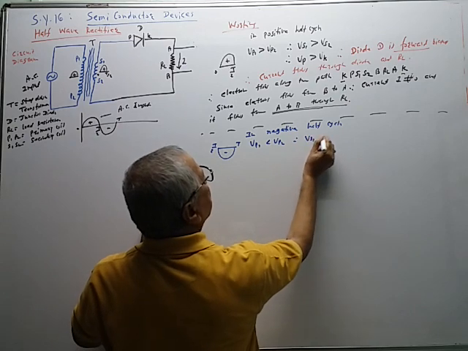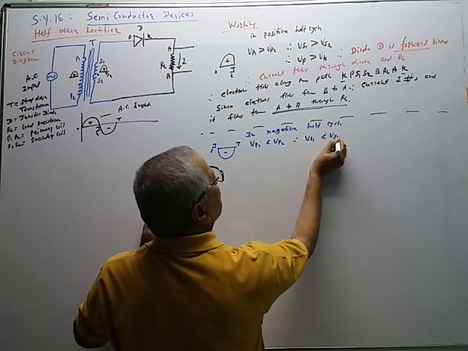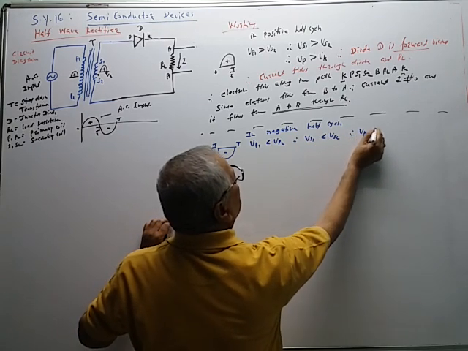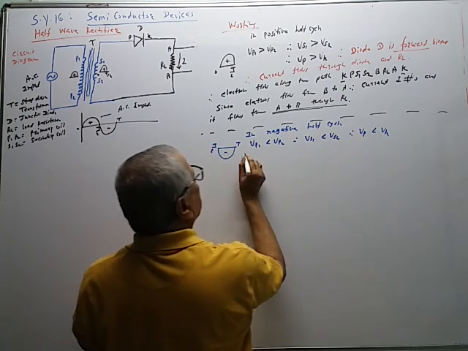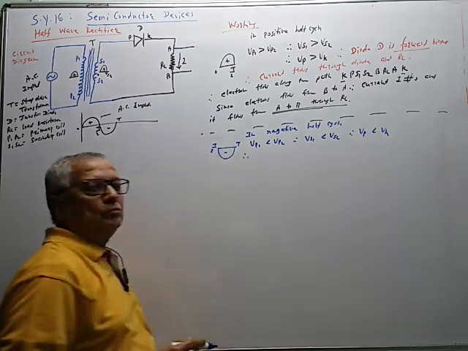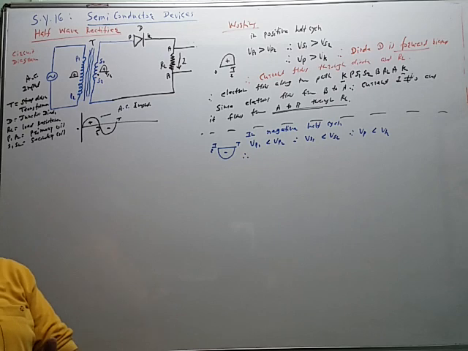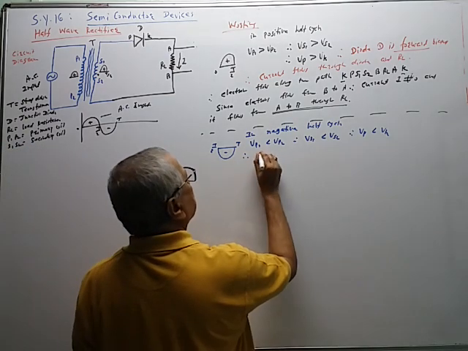Therefore VS1 is less than VS2, therefore VP is less than VK, therefore now the P region has lower potential than the N region, and therefore now diode D is reverse biased.